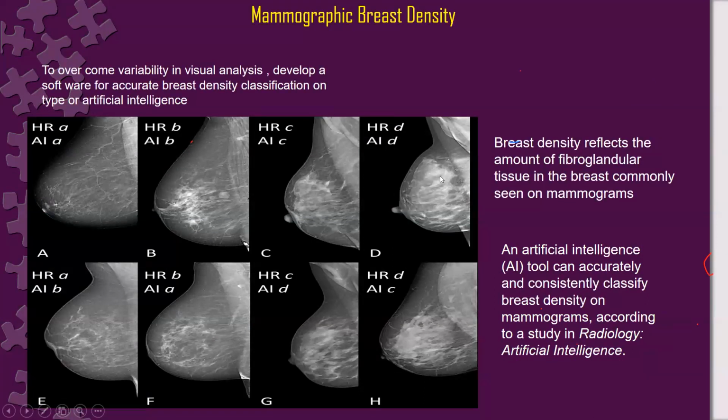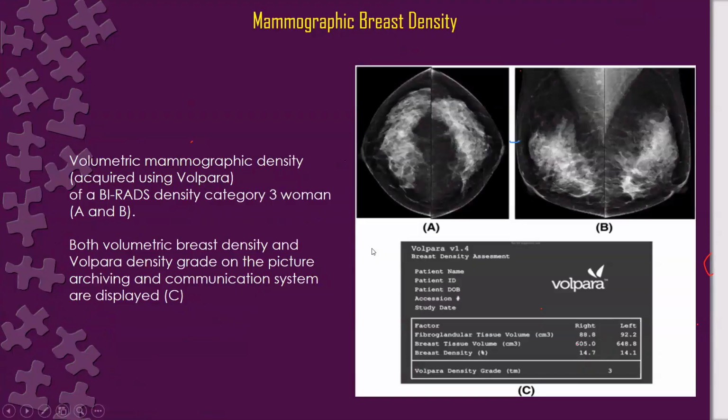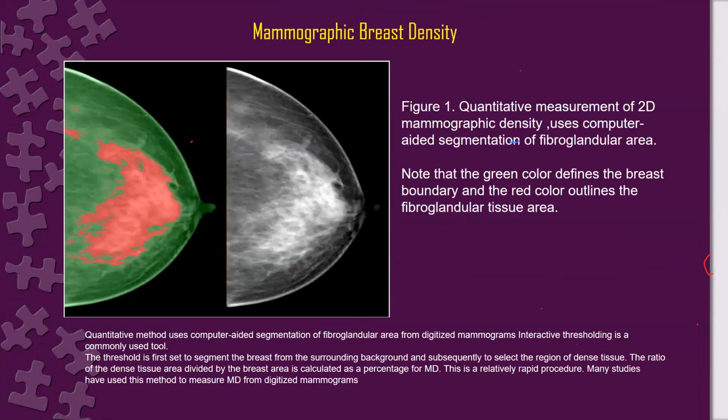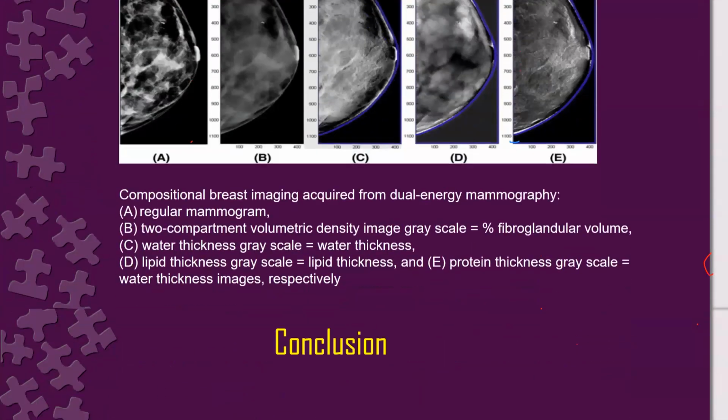So now they use artificial intelligence to evaluate and give computed analysis, and it will give an accurate AI tool for accurately and consistently classifying the breast densities. These are qualitative and quantitative types of measurements of breast density volumetrics.